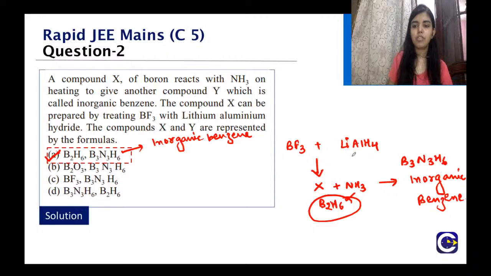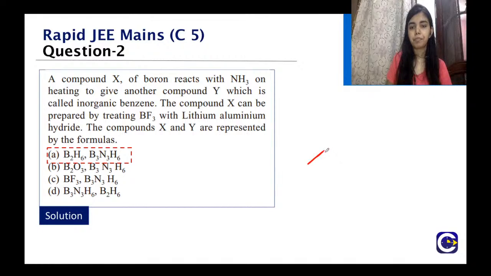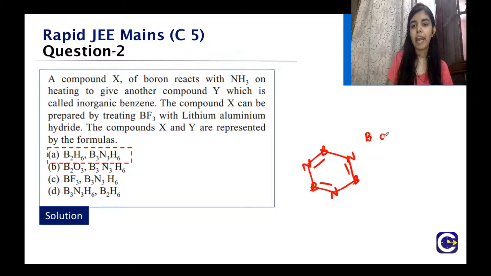Now if you draw the structure of inorganic benzene, this is the structure of inorganic benzene. Alternating boron, nitrogen, boron, nitrogen, boron, nitrogen here, and boron and nitrogen both are sp2 hybridized.